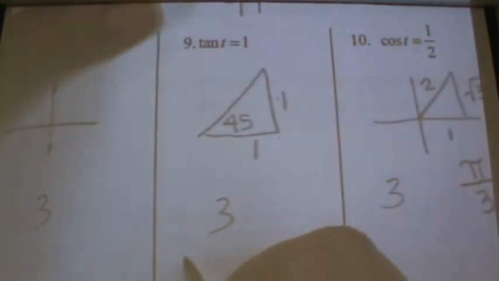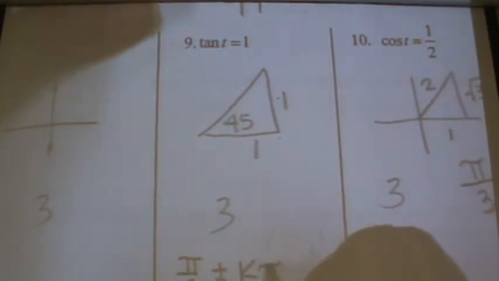Now if you want to write them both separately, plus or minus 2k pi, but tangent, you could shorten this one. If you wrote pi over 4 plus or minus k pi, you're actually okay for both answers. You only have to write one for this one. So either write one with k pi or write them both separately with 2k pi. I'll take either answer.